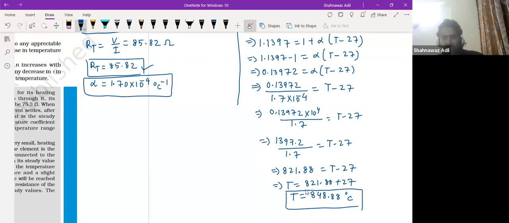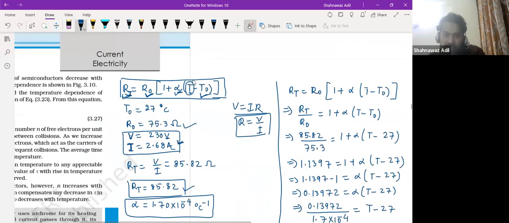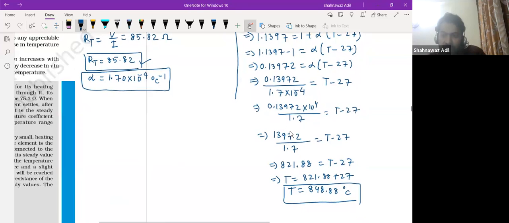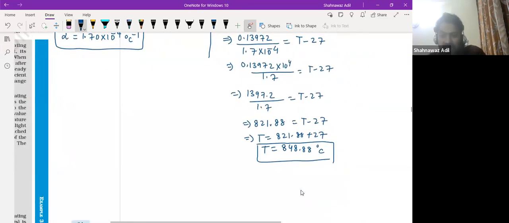So you guys can imagine, you guys have those toasters at your home. So the toaster was at 27 degrees, right? Now the temperature of the toaster has become what? 848. So that is 8 times the 100 degrees centigrade temperature.